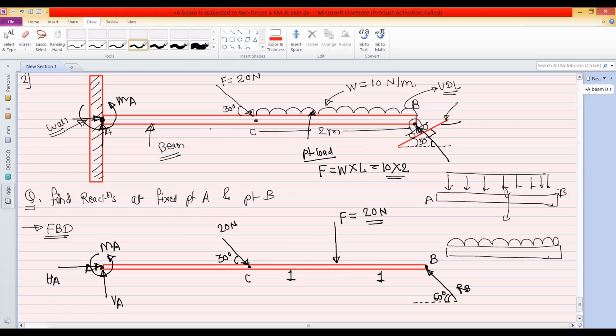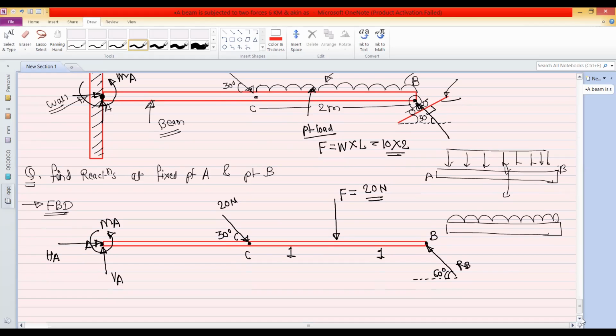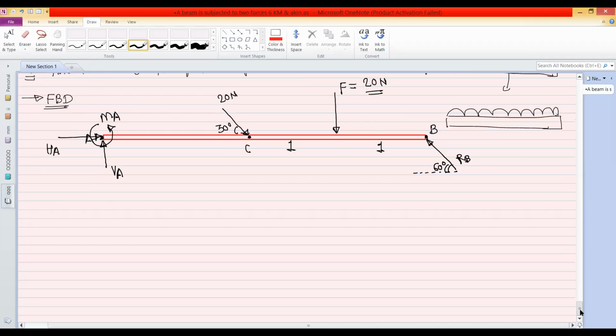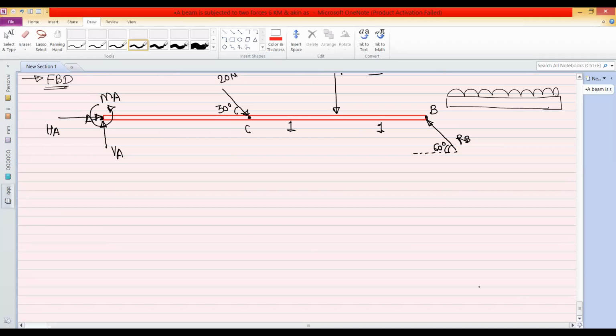Okay. Now the next part is we have to find out RB, HA and VA. As there are three unknowns, we have to use three conditions.